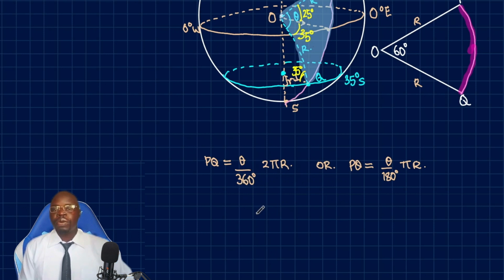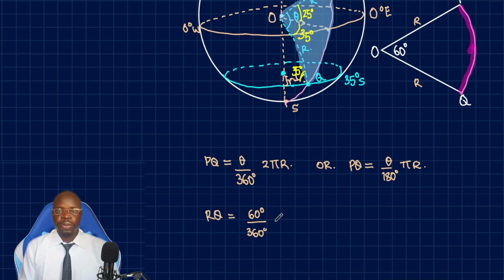Now, after that, we can go ahead and make substitution into our formula. We were given earlier on that the value for r, or radius of the Earth, is 6,400 kilometers. So, theta is 60 degrees over 360.